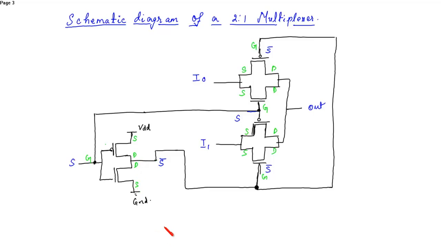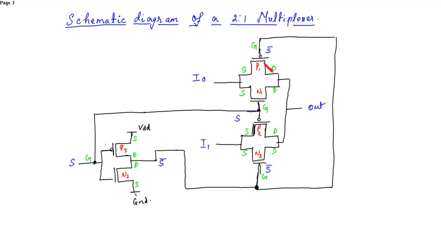So this is PMOS 1, 2, P1, N1, P2, N2, and P3, N3. So let us first see the twisted diagram from this normal schematic, and later on we'll see the operation of this multiplexer.